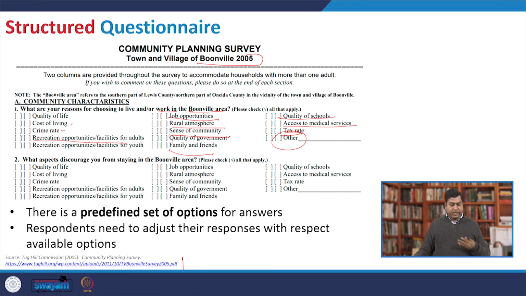So maybe for me, I can choose job opportunity, or maybe quality of life, or maybe quality of school, because I need to think about my kid going to school and the quality of education. Similarly, in the other question, what aspects discourage you from staying here? It is the same sort of question, but one asks what inspires you to stay, and the other what actually discourages you from staying.